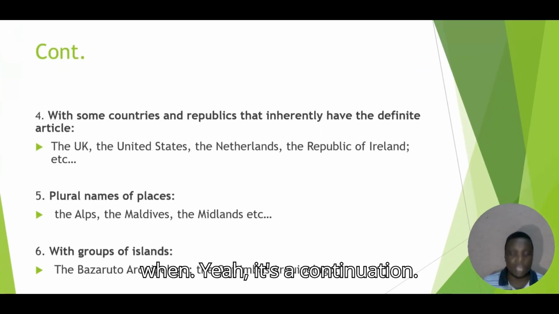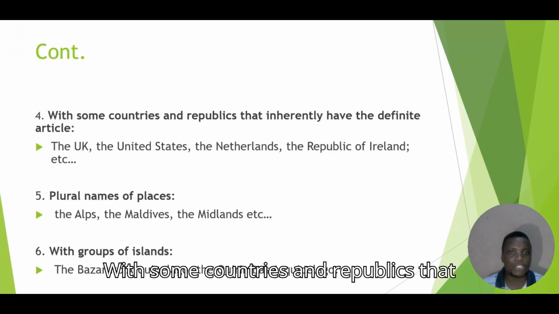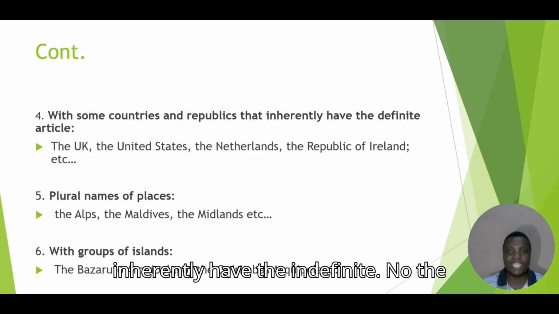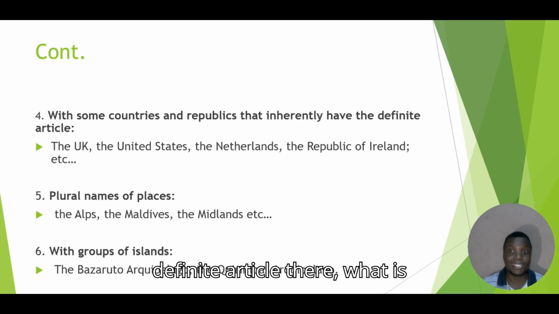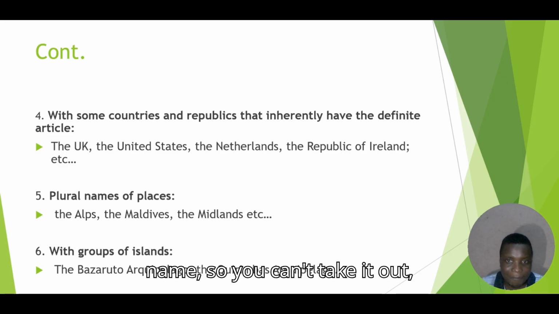And when it's a continuation, with some countries and republics that inherently have the definite article there. What is inherently? It's like it comes in the name, so you can't take it out.